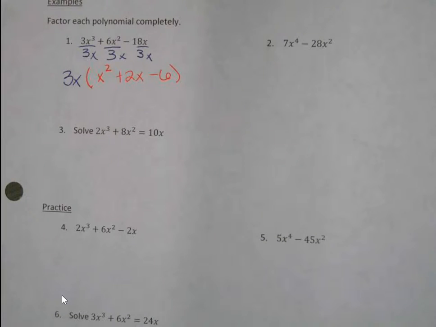Okay, what multiplies to negative 6 and adds to 2? Can I do 3 and negative 2? Does that work? Does 3 plus negative 2 give me 2?